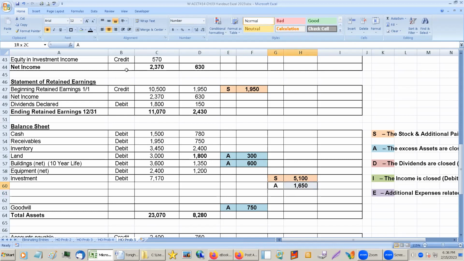1650, I think. Dividends are easier ones, but they're also kind of one of the wacky ones in that we actually add those back in, because we subtracted it out earlier using the equity method.